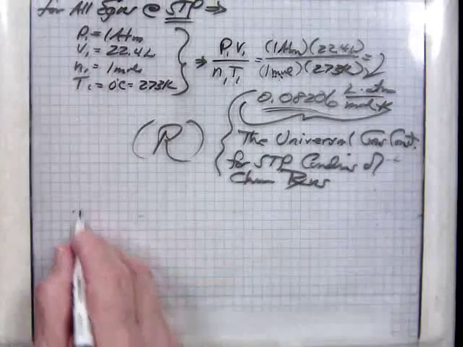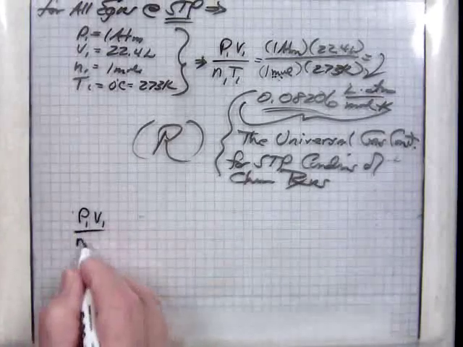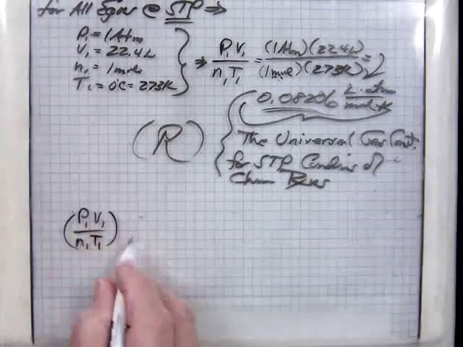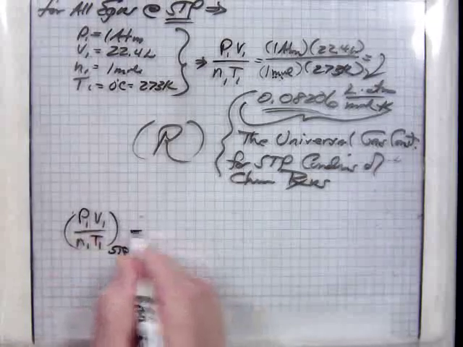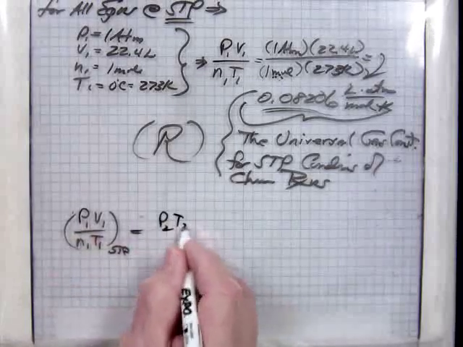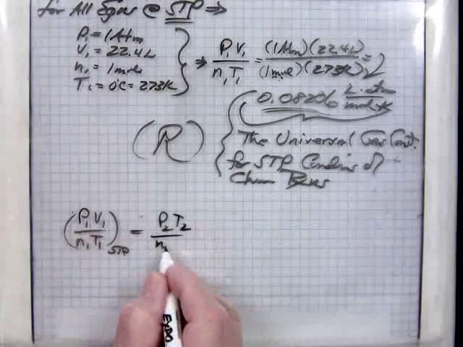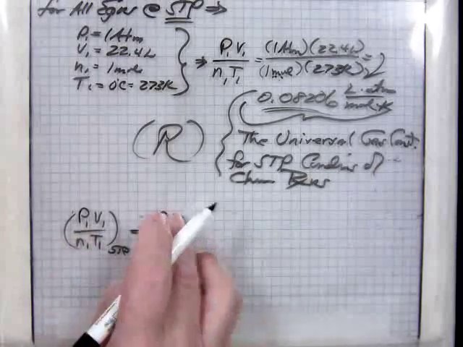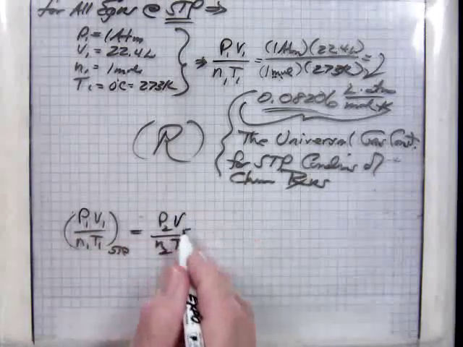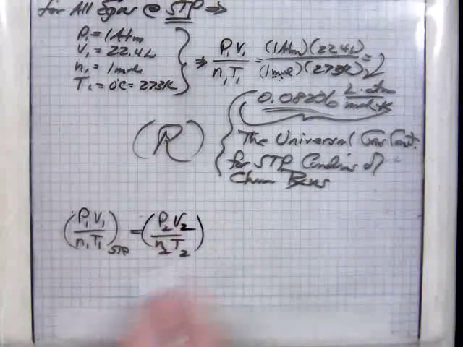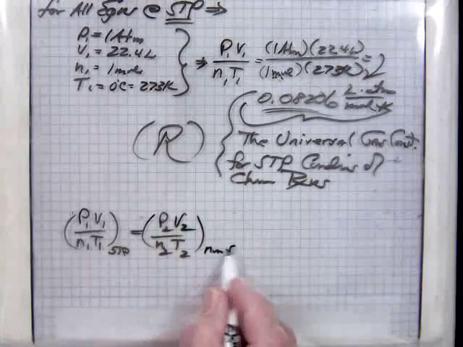So if we have P1V1 over N1T1 for the chemical reaction at STP, equals P2V2 over N2T2, like this. This is at non-STP.